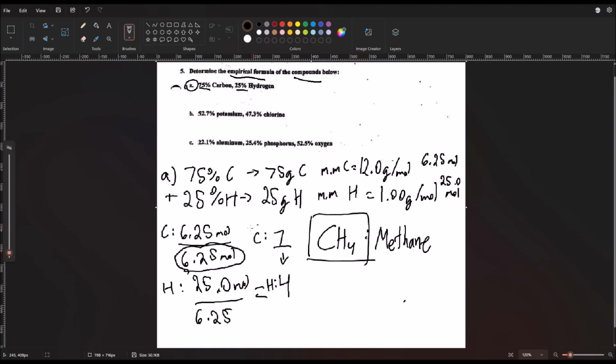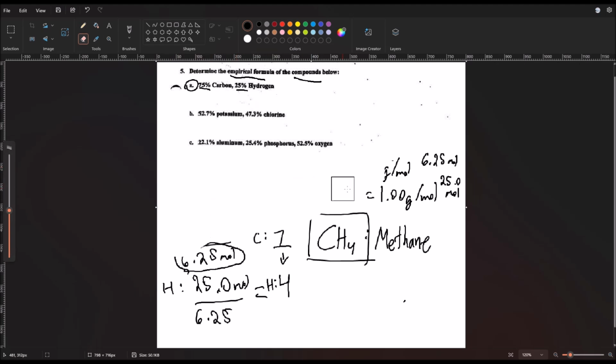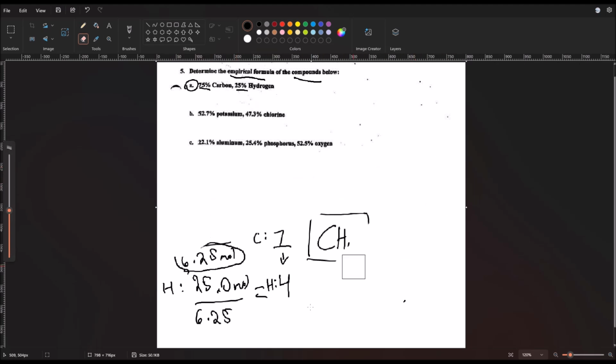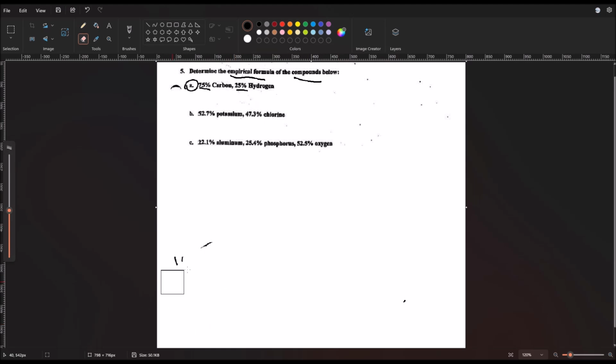So let's do a second one, where we're going to take one that has 3 parts to it. We're going to look at letter C. So let's look at C. So aluminum is going to be 22.1%, phosphorus 25.4%, and oxygen 52.5%.